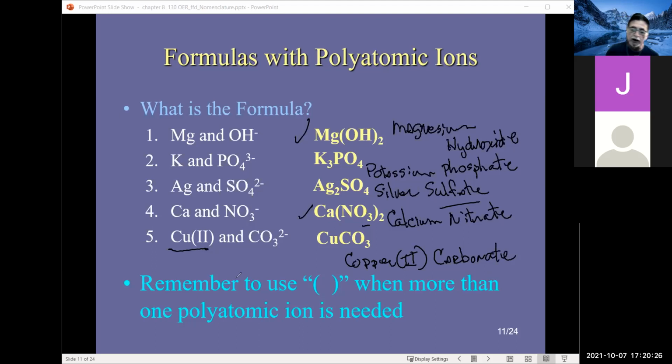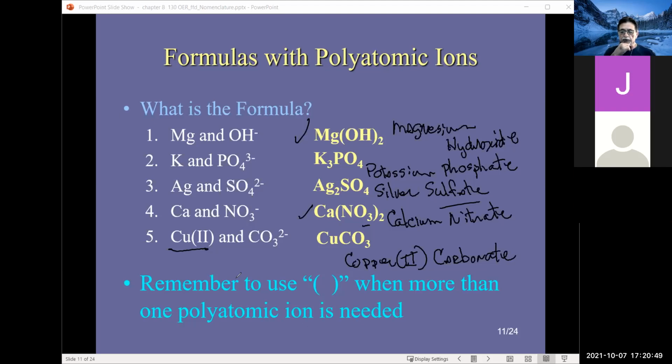It used to be that copper 1 and copper 2, along with the other ones, they used to use the IC and OUS, and that was kind of ambiguous. And so all that was cut out. In fact, you may find it used sometimes on a lot of labels, but that's not the correct nomenclature.